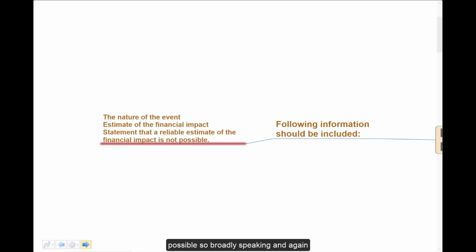So broadly speaking, and again, I'm generalizing here a little bit, when we think about disclosure under the banner of any standard, yes, I said any standard, I think it's not really a question of, can I memorize everything per the standard that they say has to be disclosed?